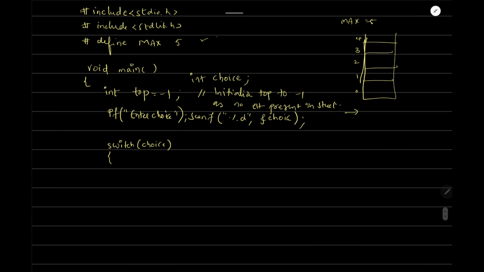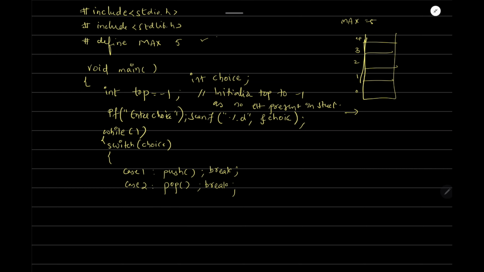With the switch case, I will also write it in a while loop. If I press 1, it should do the push operation, and I am writing this break so it will come out of the switch. Next case 2: if I enter 2, I will use the pop operation.